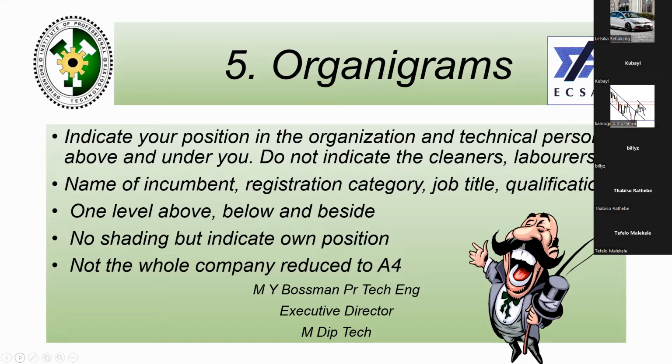In other words, as I said at the bottom there, my boss, whether he's registered PR Tech, he's the executive director, and his qualification. Don't put shading to indicate your own position, because then we can't see through the shading, but highlight your position. And as I said, please don't reduce the whole company to A4 size.